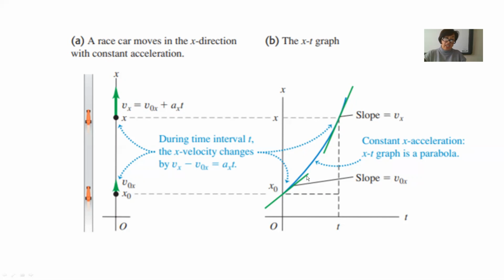This is the tangent line at the first position, and the second tangent line at the second position. The slope of the first tangent line is the initial instantaneous velocity, and the second is the final instantaneous velocity.